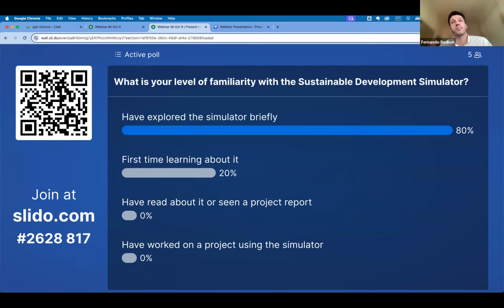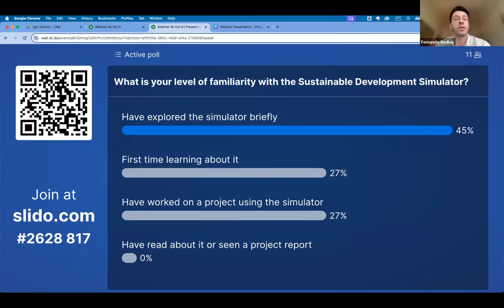So I see that most of you have explored the simulator briefly. Some people have worked on a project using the simulator before. And for some people, first time learning about it is today. So it's great. I hope that this session is insightful for all of you, even if you have never heard of or touched the model before.